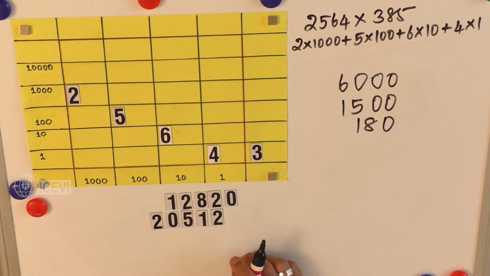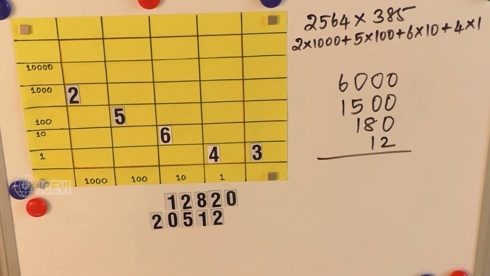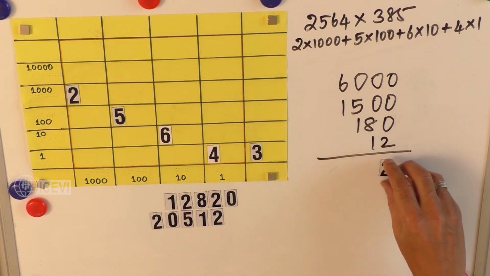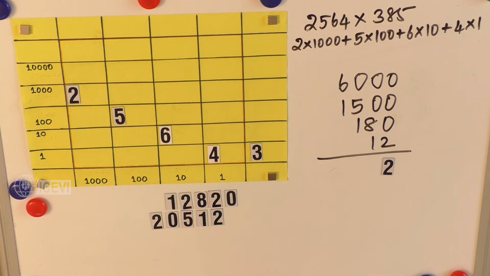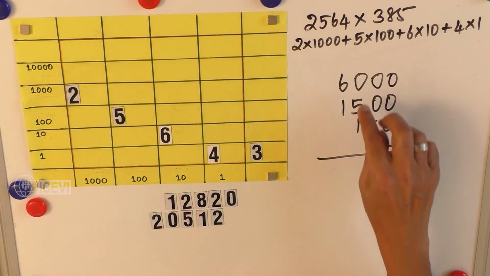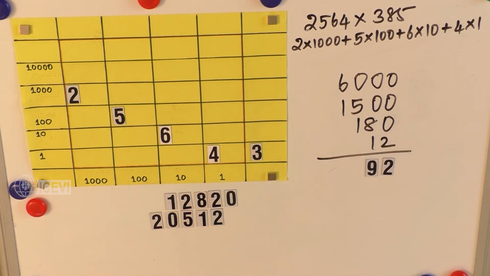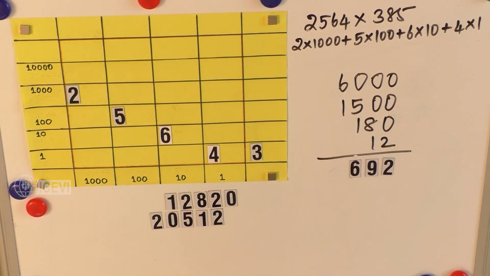And then bring it to the unit column, that is 4 and 3, you multiply it, that is 12, so you add all, so that is 0, 0, 0, 2, that is 2, 0, 0, 8, 1, that is 9, 0, 5 and 1, that is 6, and 6 and 1, that is 7.